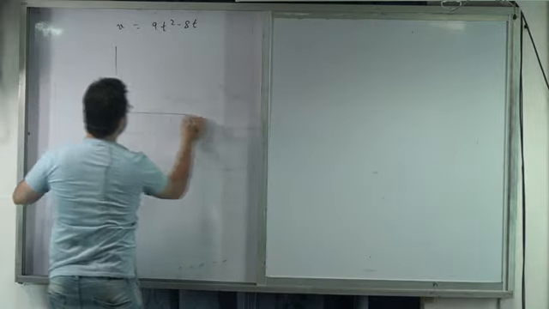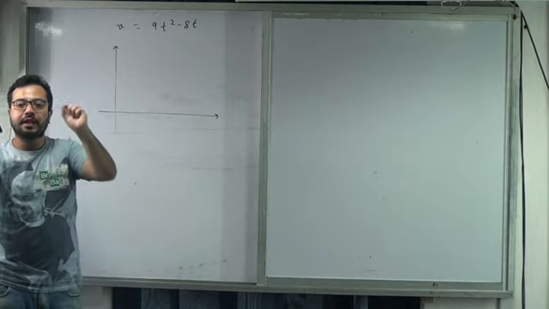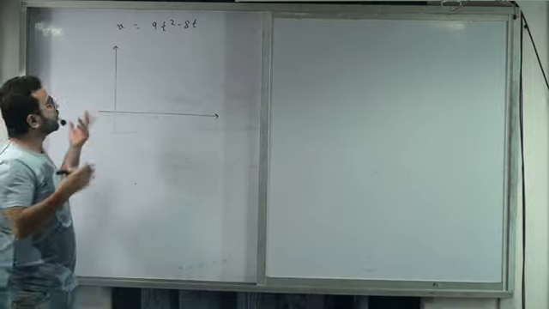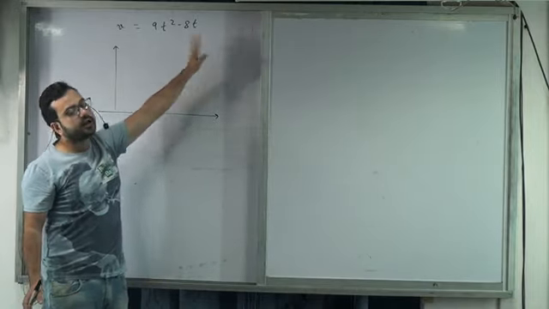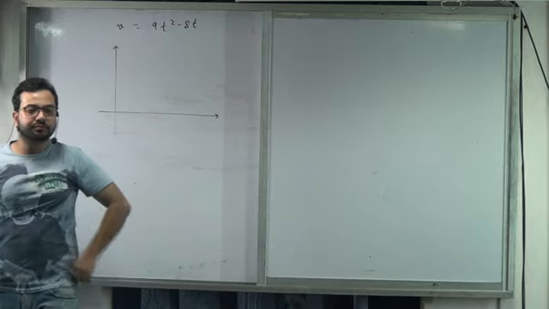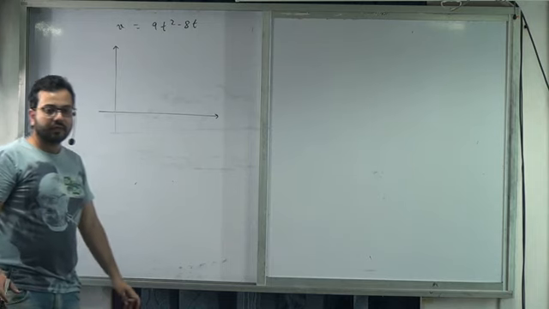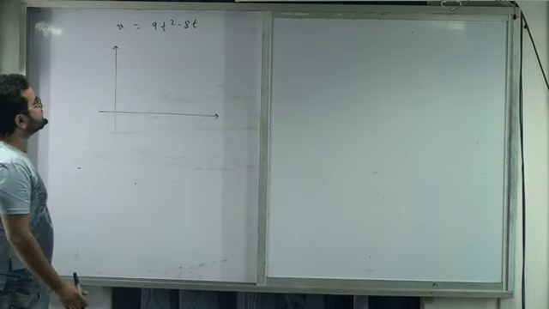Don't worry. But what I can do is, I can take a few points and plot it. Okay, first of all, tell me what are the roots of the equation. If this is the quadratic, if I make it equal to 0, what will be the roots? 0 and 8 by 9.